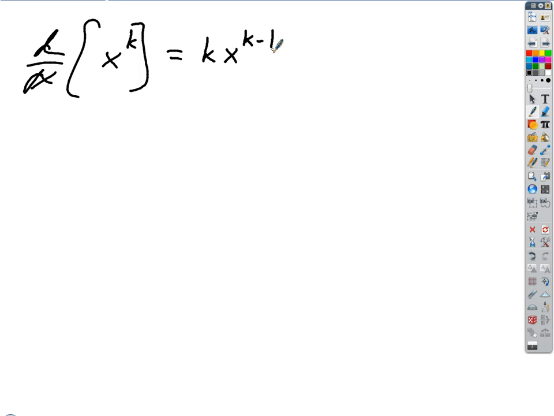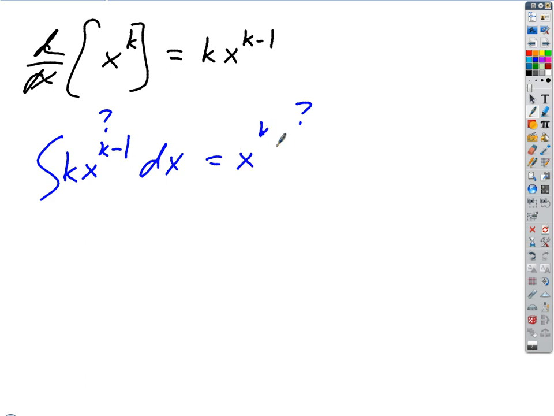So if I flip that around then, what antiderivative does that give me if I just flip it straight around? The antiderivative of k x to the k minus 1 equals x to the k plus c1.